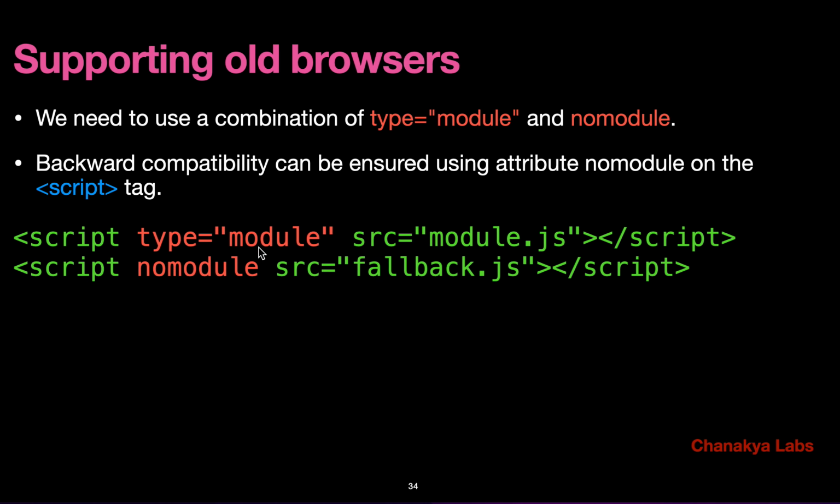So wherever type equal to module is supported, nomodule is also supported. So whatever you want to run, write type module, that is the newer module system file, and whatever is the fallback for the older browsers, there you write nomodule, and that's why it will not be run in the modern browser. Nomodule means it is recognized, but it need not be run in the modern browser. That's why nomodule is there.